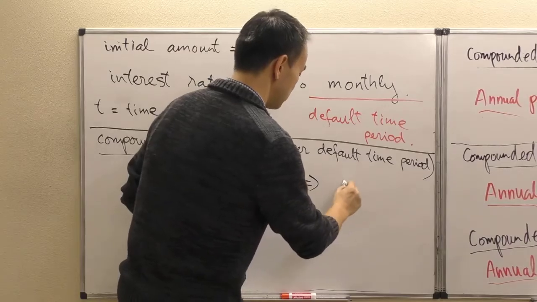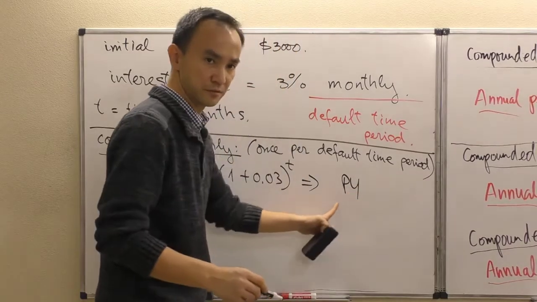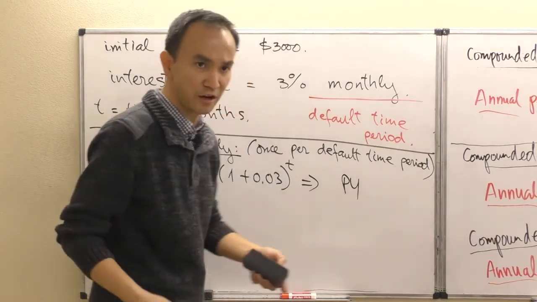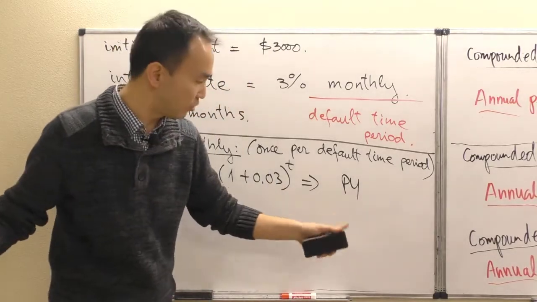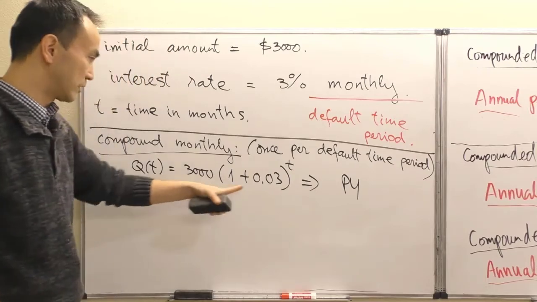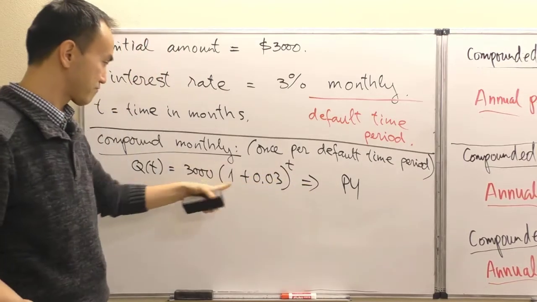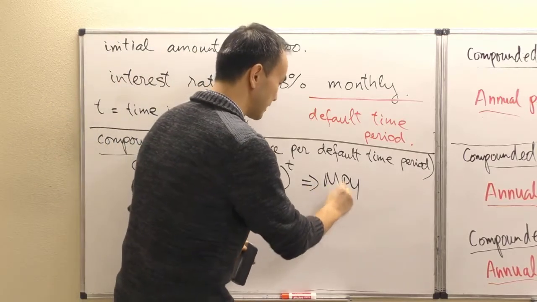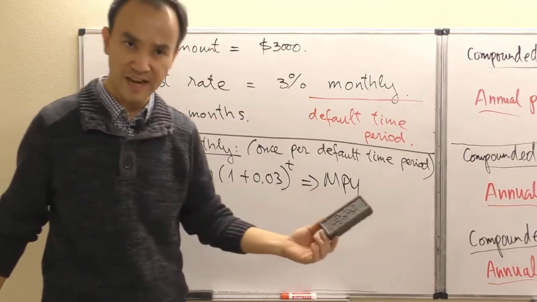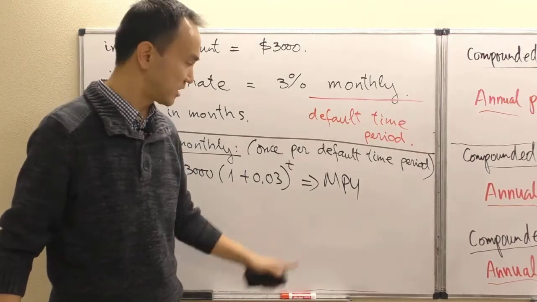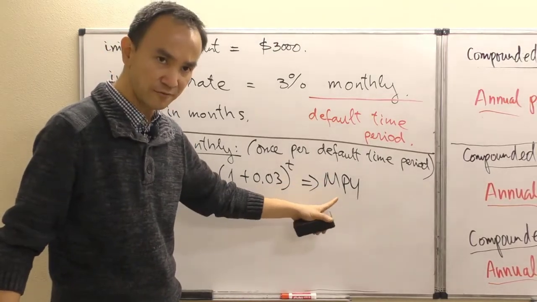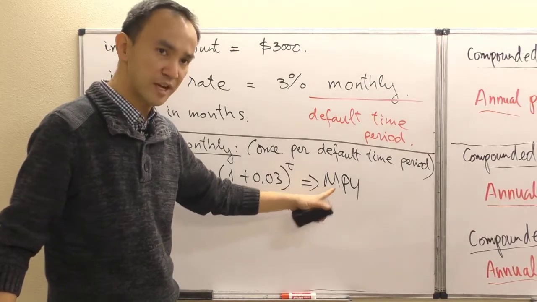PY here is percentage yield, but we cannot call that APY anymore, because this is really monthly. This rate right here is a monthly yield. So maybe we can use that MPY. I have seen that term as I read some articles here and there, even though, admittedly, it's not as commonly used as APY.